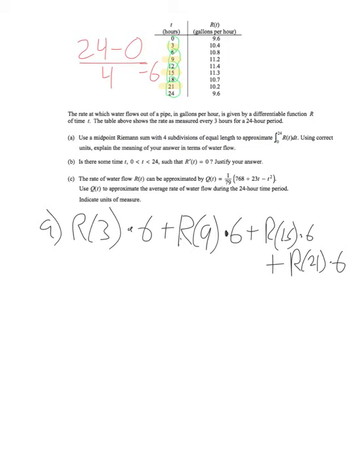Of course, I could have factored out the 6 for all of those, but I wanted to write it as a rectangle so that we remember we're actually just finding the area of a rectangle. Midpoint to find the height, and then what's that width? And then you'll just add all that up, do the actual computation, and I believe your answer will be 258.6.